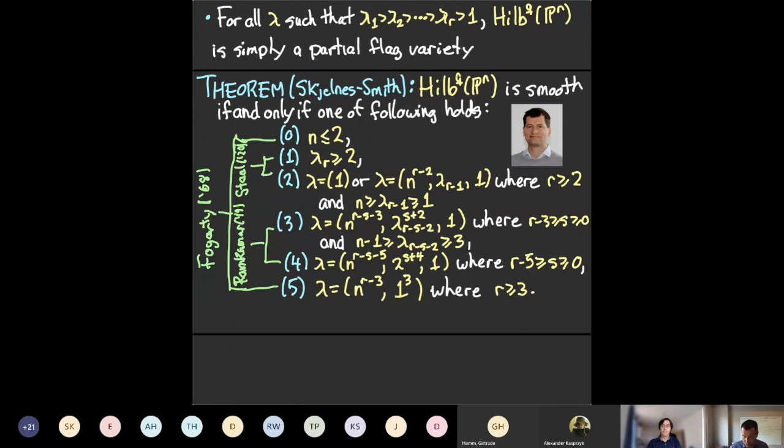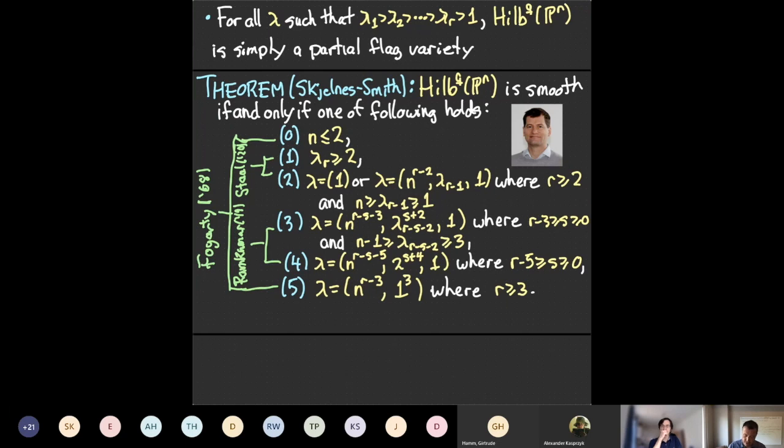Each one is smooth, but the one that includes the smooth point identified by Reeves and Stillman is not the component that contains the twisted cubics. And so these two well-known examples, which are singular because they have multiple components that intersect in interesting ways, explain the gap between 3 and 4.